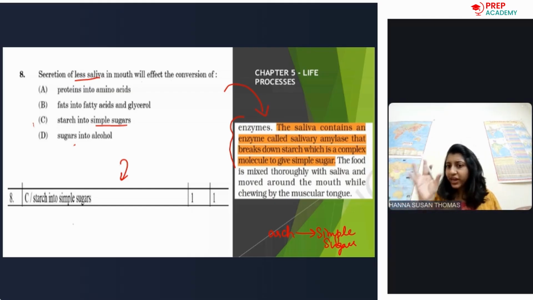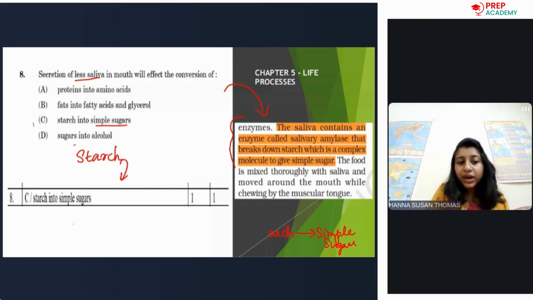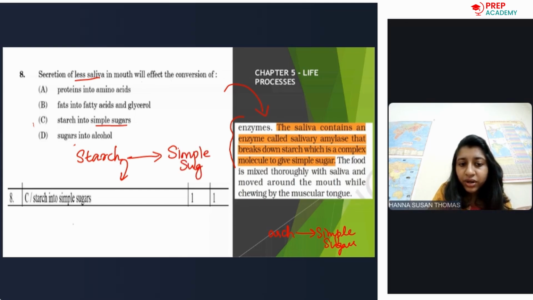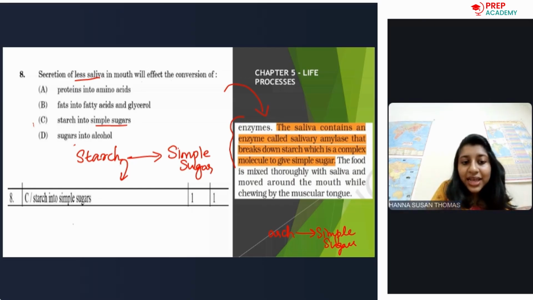If you read this statement, you will understand that starch is there, and in order to convert starch into simple sugar, you have to have an enzyme called salivary amylase.